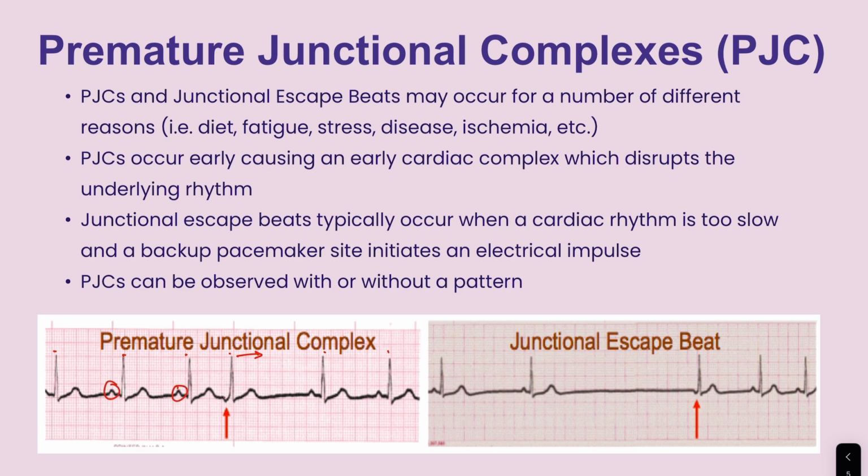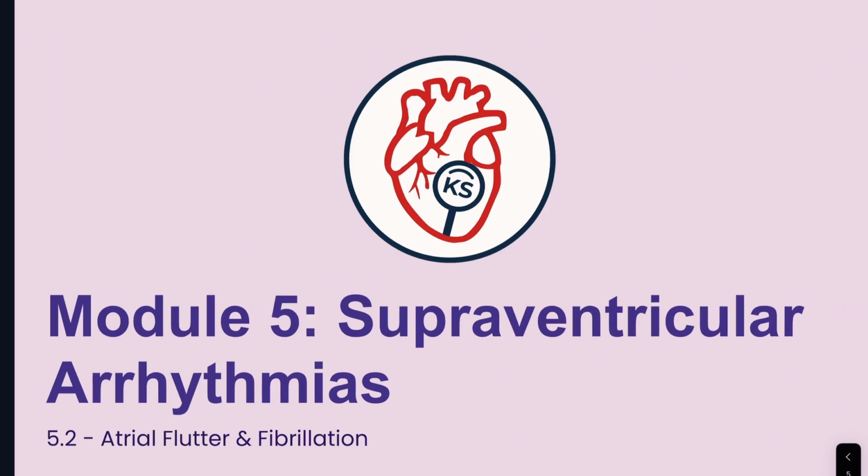This has sort of an inverted P wave that happens directly before the QRS complex, a little bump in the road right before your QRS complex. That's a premature junctional complex, okay? And then we have here a pause, and then we're going to have that initiation of the junctional escape beat to bring us out of the pause.